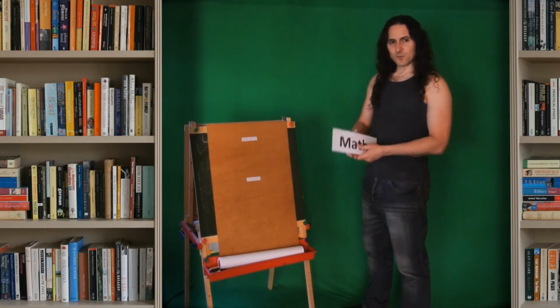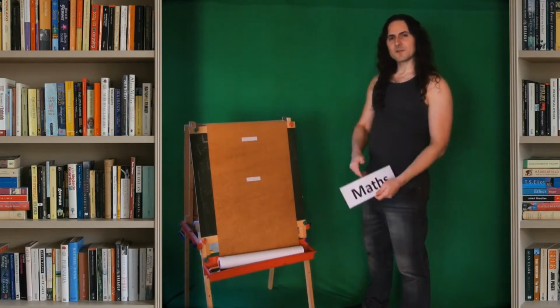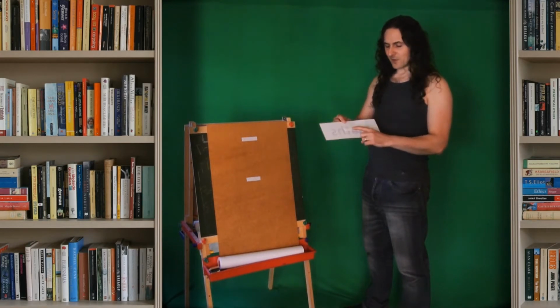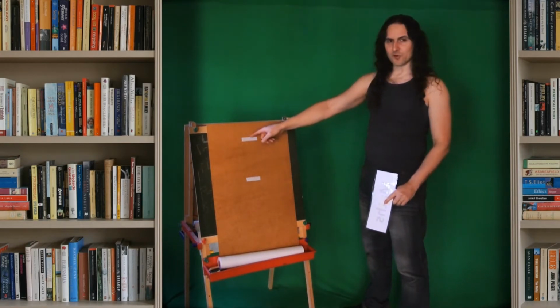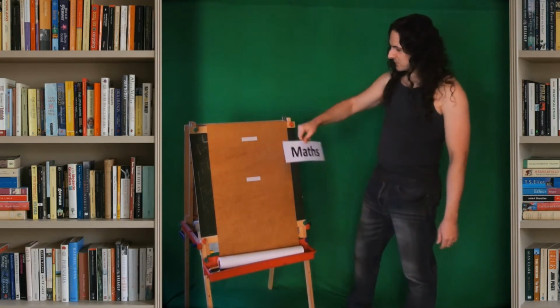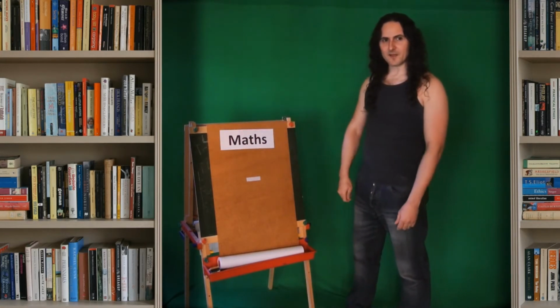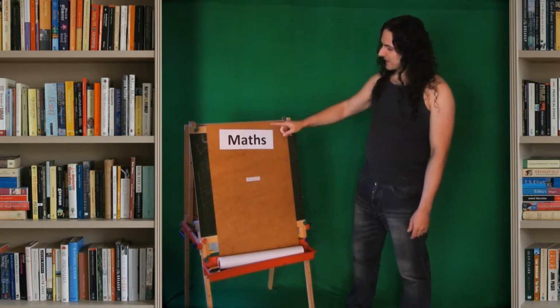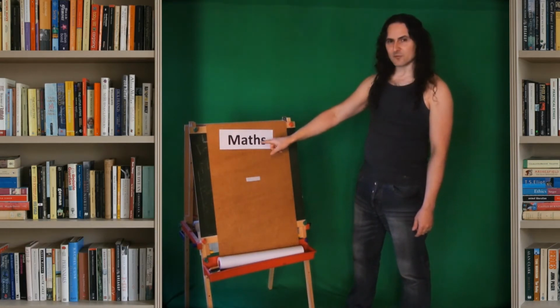So you also need a display area, somewhere where you can put this information. Now what I've done here, I've got a Velcro on the back, I've got a Velcro on the board. So I can just stick this information here like that. And there you are, it stands out really clear, a white background, black writing.